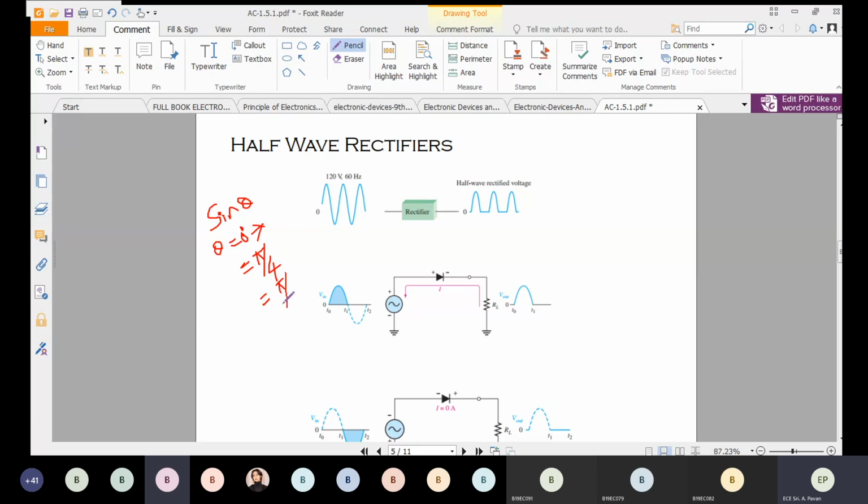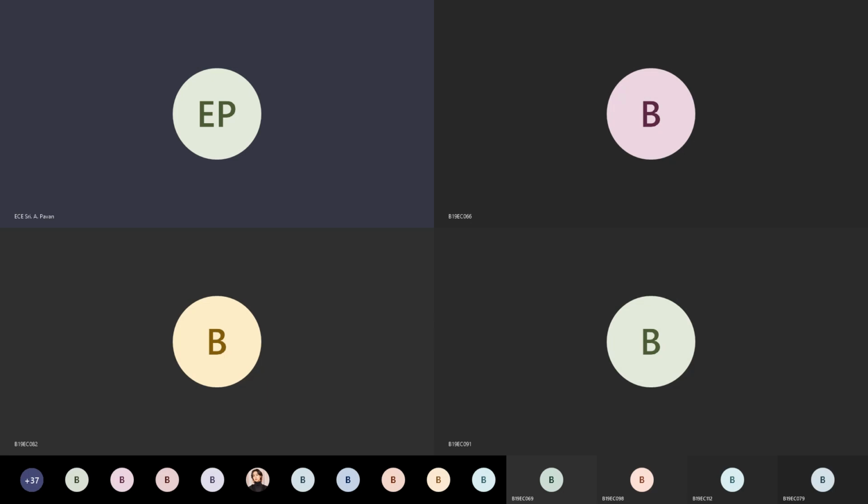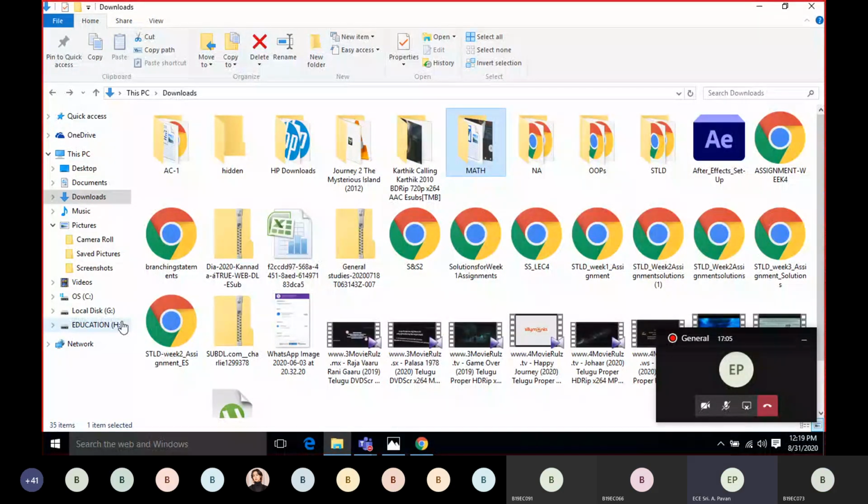Sine 0 is 0. So sine pi by 4, pi by 4 means 45 degrees, is 1 by root 2, which is nothing but 0.707. Pi by 2 is nothing but 1. Sin 90 is 1.